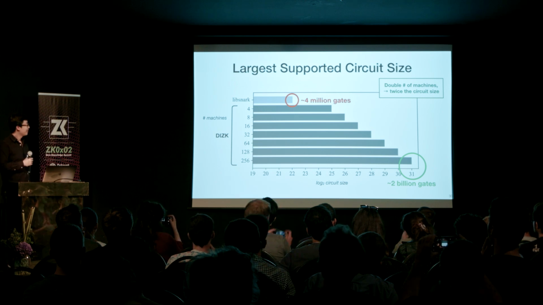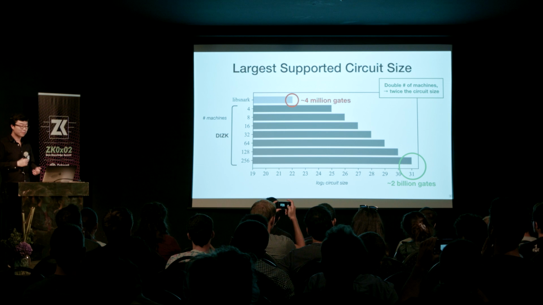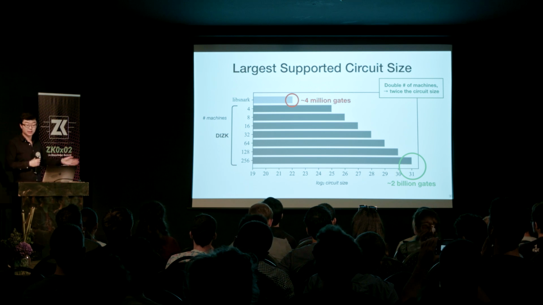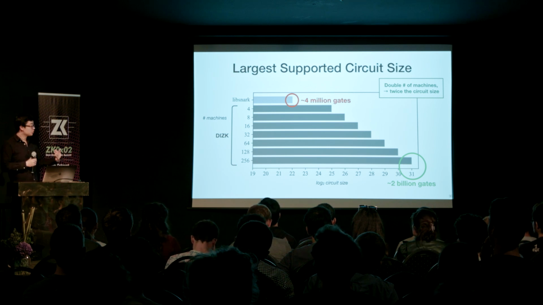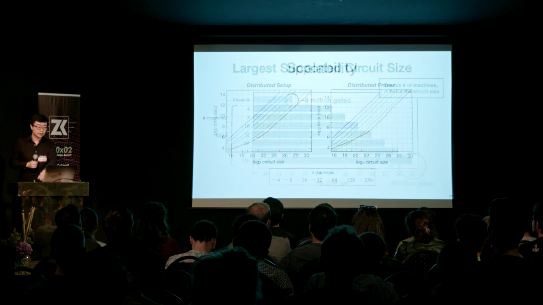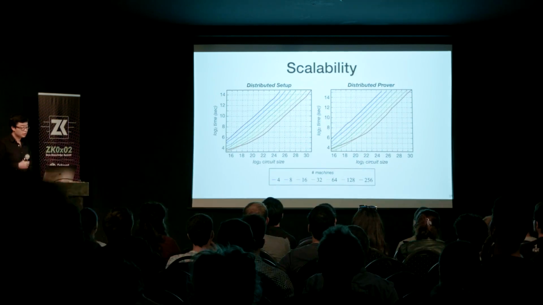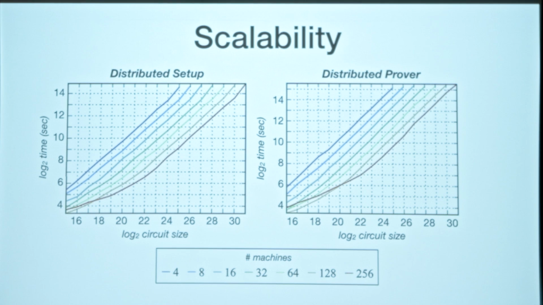This then led us to ask, could we compute up to these large circuit sizes in a time-efficient manner? It's one thing to just be able to reach that. It's another to be able to reach that in a practical manner. That's where we look at scalability. Here we have two graphs. On the left is the setup, and on the right is the prover.